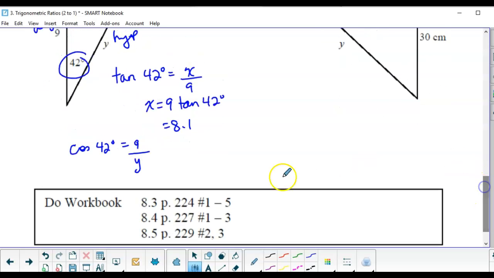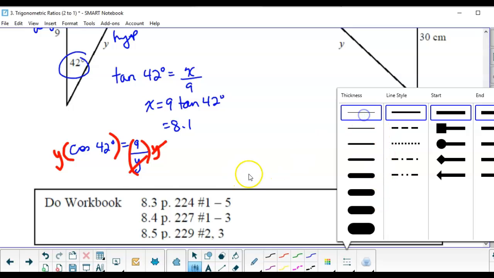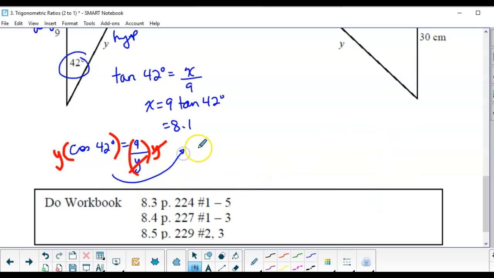If you're looking for a value in the denominator, you've got to multiply both sides by y to get it out of the denominator. Then we would have y cos of 42 equals 9. Now, to get y by itself, I have to divide by cos of 42, both sides. So y equals 9 divided by cos of 42.